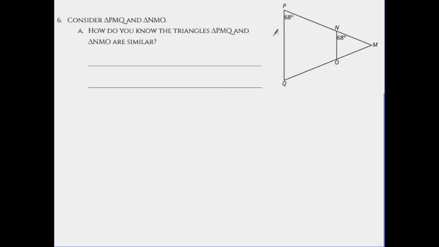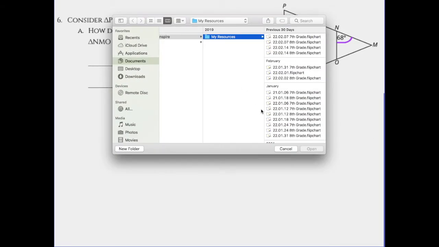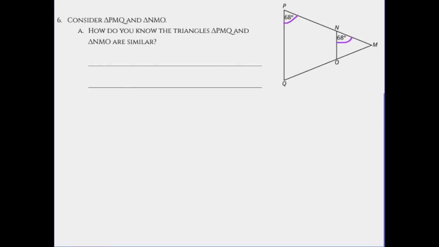All right, number 6, how do we show that these are similar? So we got to find at least 2 angles that are the same. So we know that this right here is 68 and this is 68 because they're marked. Awesome. So how do we say that now too? So we need to make sure to, we're going to say angle P is congruent to, now we don't want to say angle N because there's two ways that it could go.